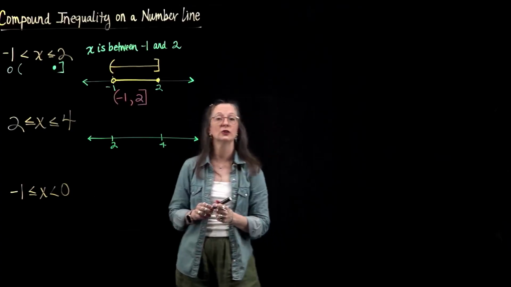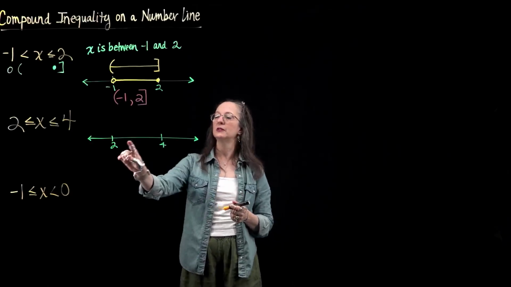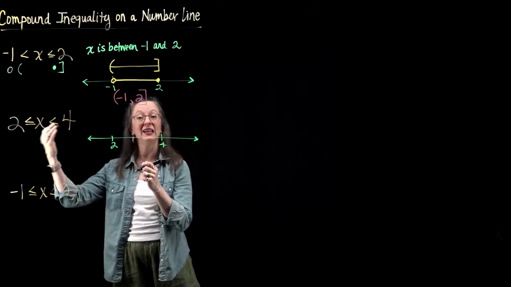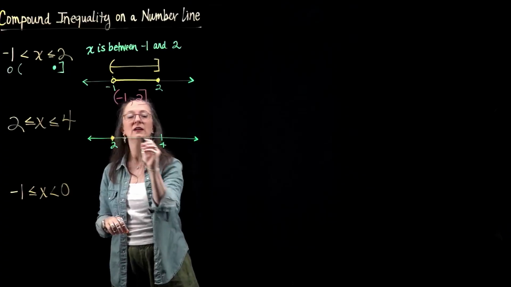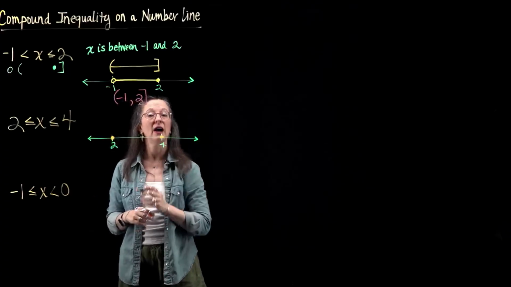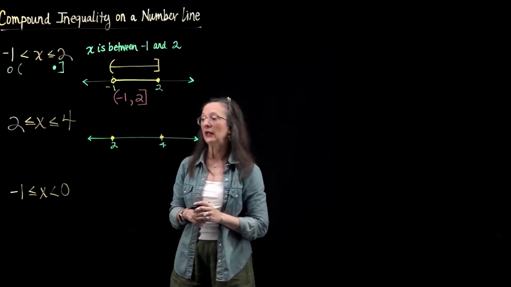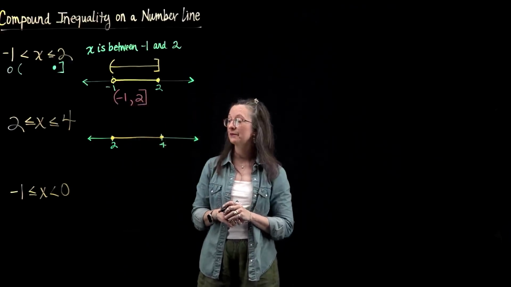And I'm going to switch colors to shade the part that I want. I want the part that is between 2 and 4. Because there's a less than or equal to on both the 2 side and the 4 side, I'll have a solid dot, a filled in dot at both 2 and 4, and I'll shade what's between them.